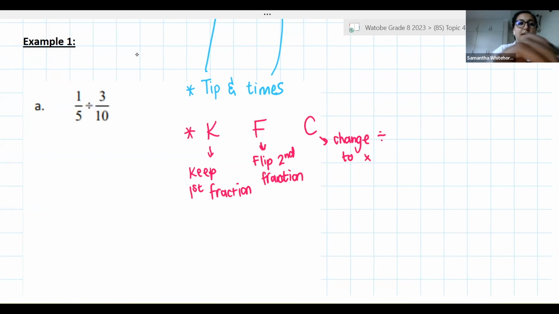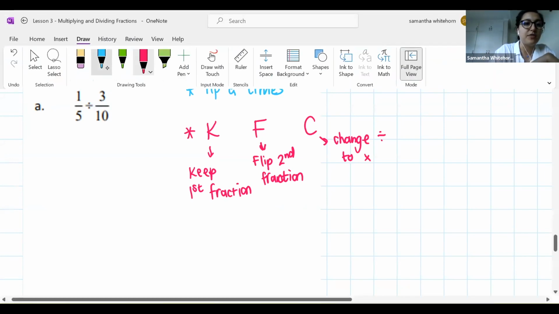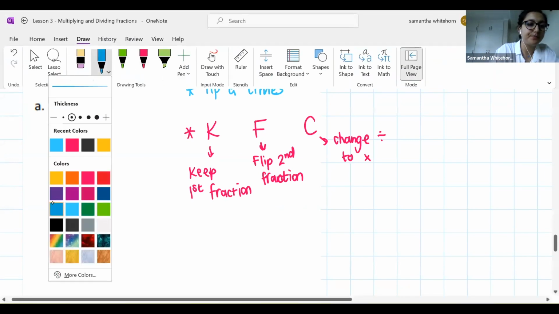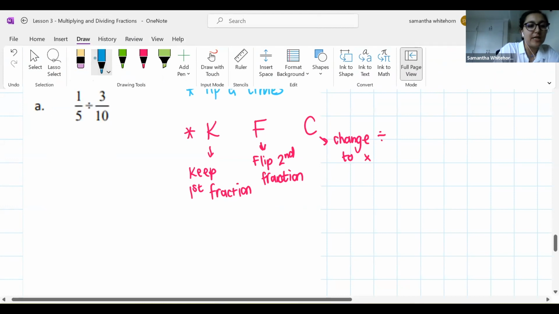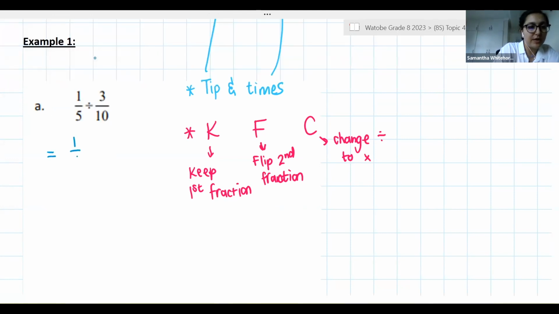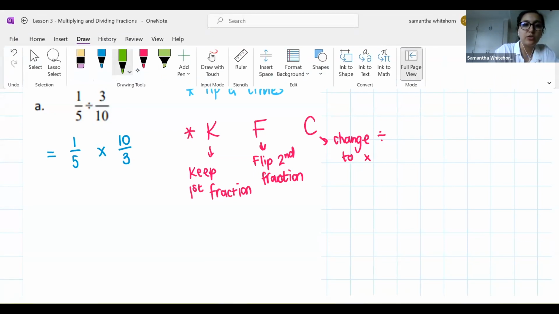So let's apply that here to our 1/5 divided by 3/10. So we keep the first fraction, so 1/5 stays 1/5. I flip the second fraction, so this becomes 10/3, and I change that division to multiplication. That's all we do. And now, because we know how to multiply fractions, we go and do that.